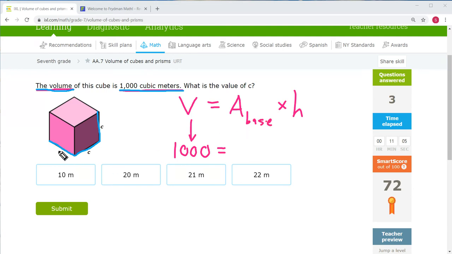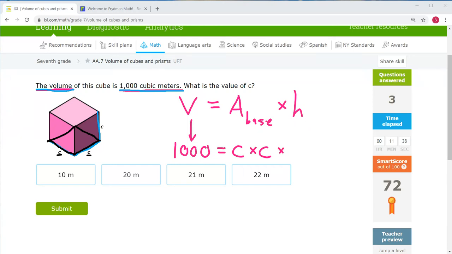If I knew what all of these C's were, then how would I calculate the area of the base? Well, since the base here is a square, we would simply do C times C. And we can write that straight into the equation. So far we have 1,000 is equal to C times C. But now we have times the height.